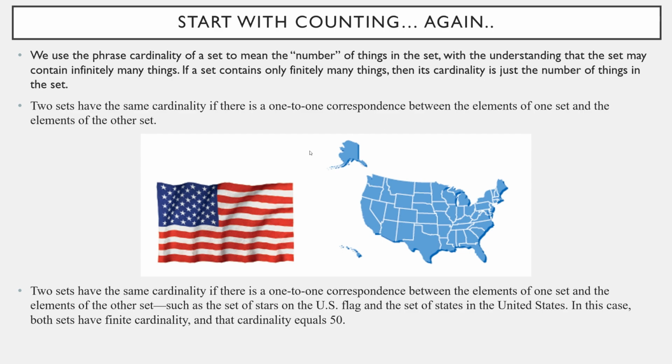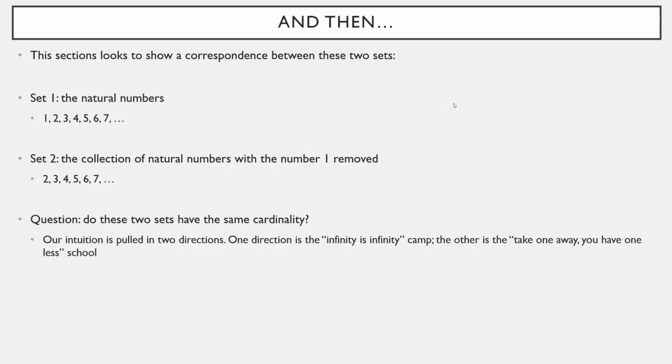Here is the thing we're going to start with. This section looks to show a correspondence between two sets. The first set is the set of natural numbers, which are 1, 2, 3, 4, 5, 6, 7, and so on.